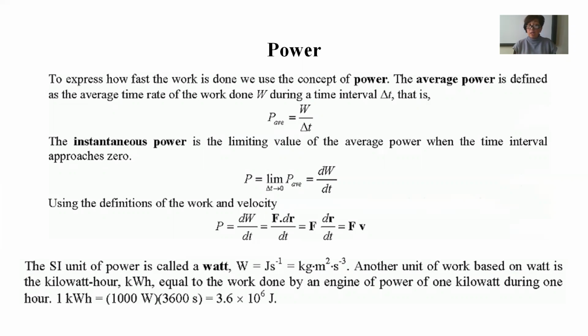Now instantaneous power. Instantaneous power is the limiting value of average power as delta T approaches 0.